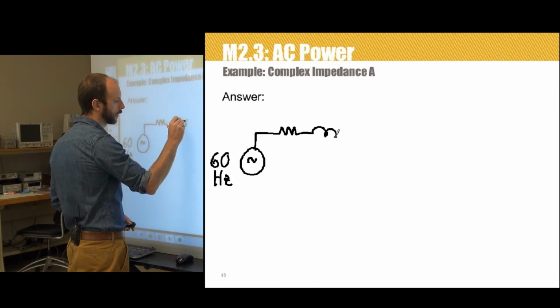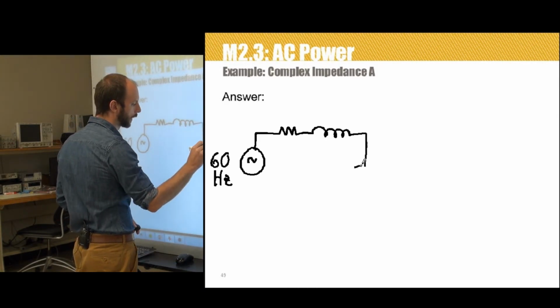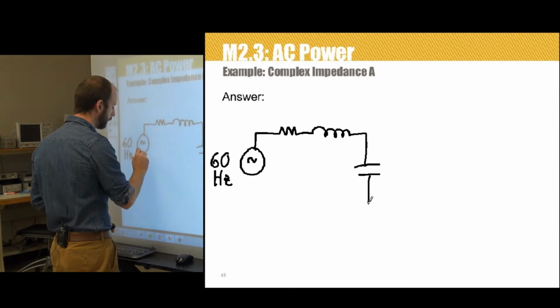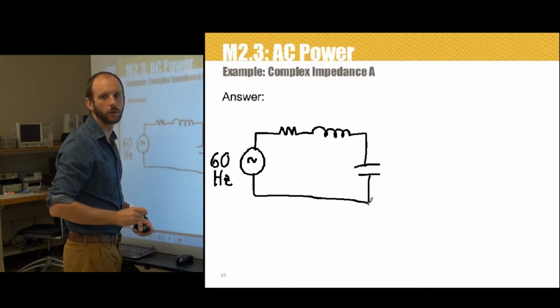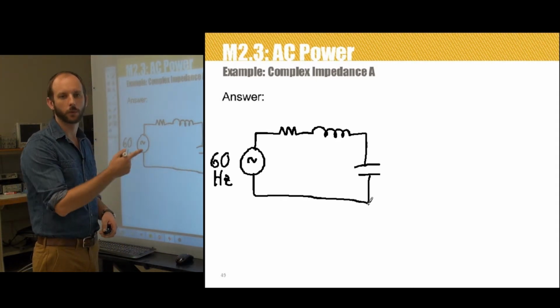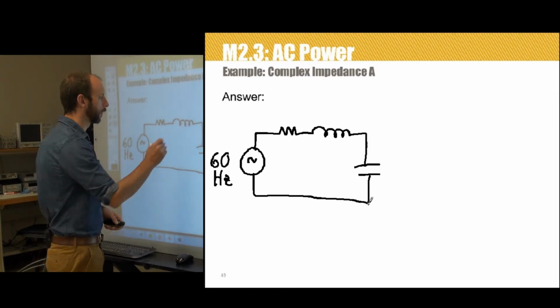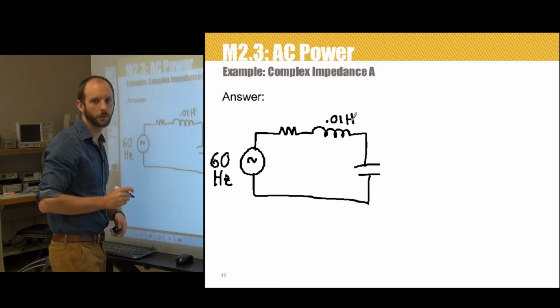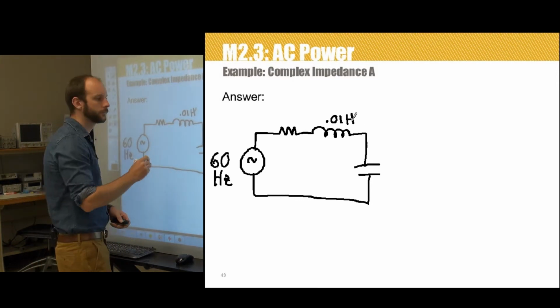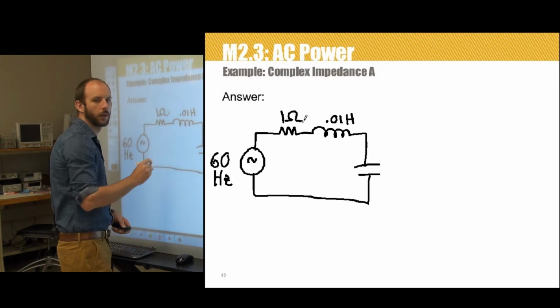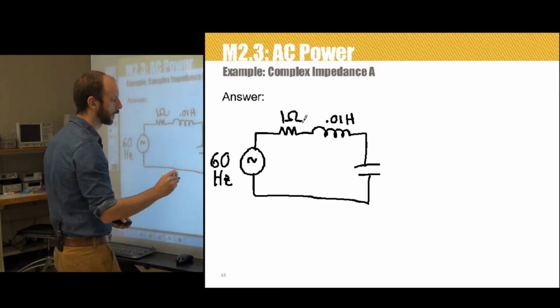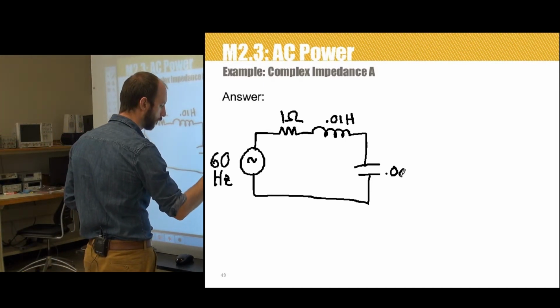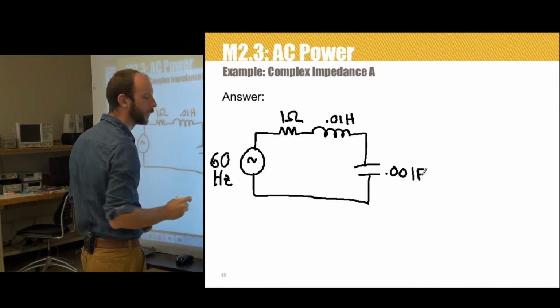We've got an inductor, and we've got a capacitor. So we know the values of these: 0.01 henries, 1 ohm, and 0.001 farads. Right, so those are the values.